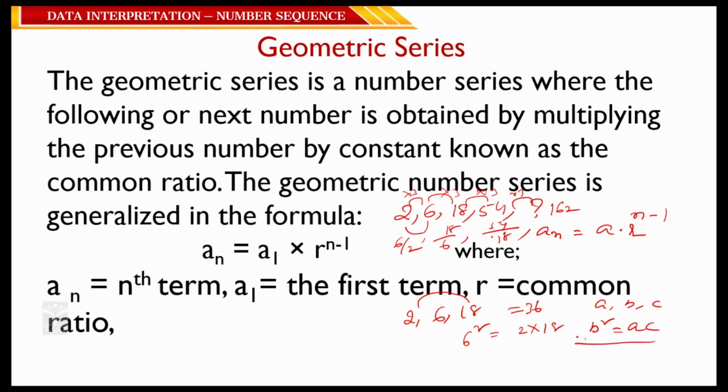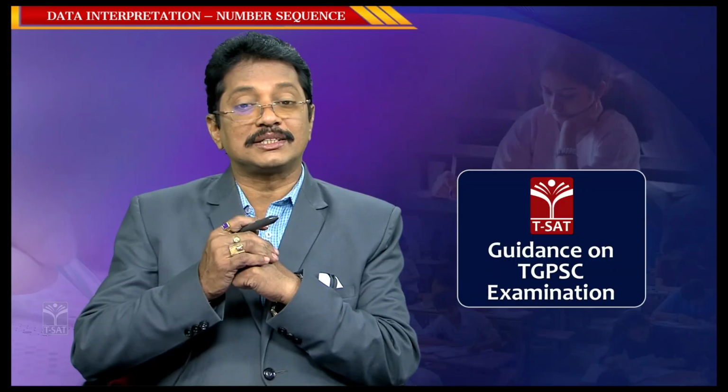Here B is called the geometric mean, or B is equal to root AC. B is called the geometric mean, GM. So, the geometric mean of the 3 numbers A, B, C which are in geometric progression, B equals under root AC. This is one more important relation.